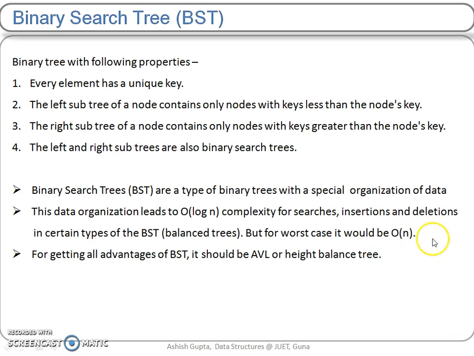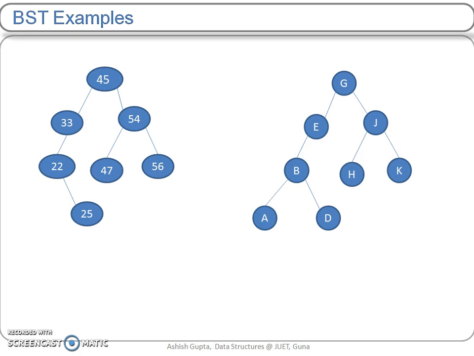So to get the full advantage, the BST should be balanced, which is called a height balanced tree, or an AVL tree, after Adelson-Velsky and Landis. These three scientists proposed the concept of the AVL tree, which is the balanced tree plus the BST.